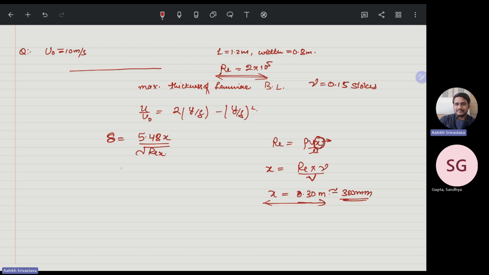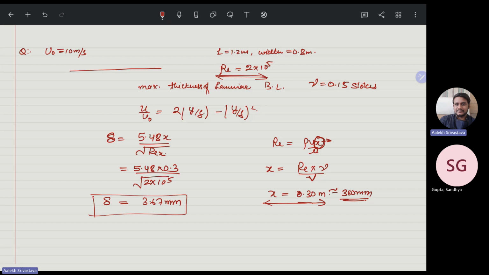So delta, we need to find at this location that is 0.3. What is the Reynolds number? Reynolds number is already 2 into 10 raised to the power 5. If you simply put the equation, you will get delta equal to 3.67 mm.